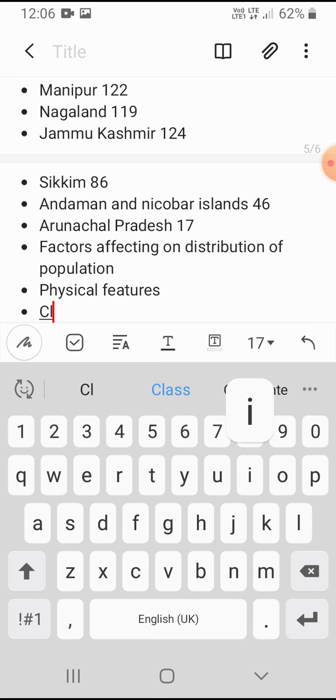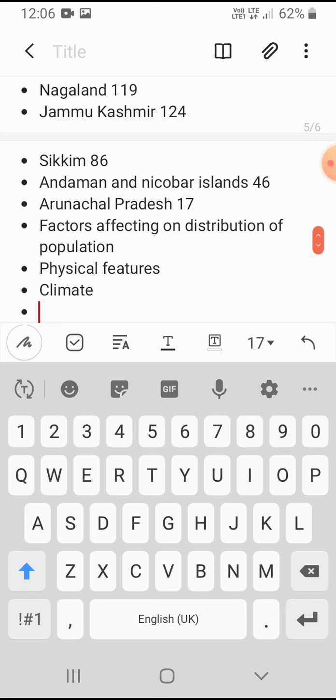And climate, because the population is high where the climate is favorable, rather than hot, cold or dry regions like the Thar desert and Himalayas, though people live there too. So climate also affects the distribution of population.